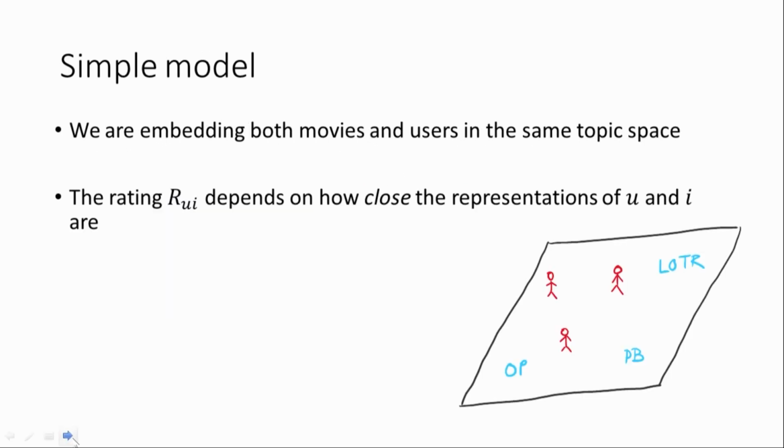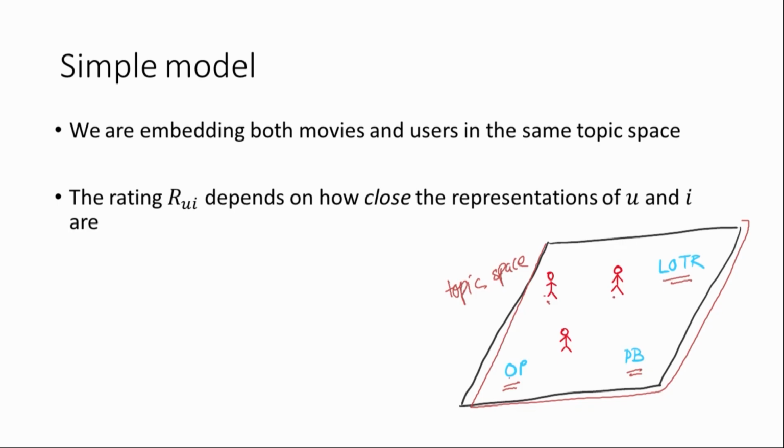right? So one way of thinking about it is that we're thinking about this low dimensional space. This is kind of like the topic space, right? And we are saying that both the movies, like LOTR or the Princess Bride or the Order of the Phoenix, as well as the users, are points in this space.